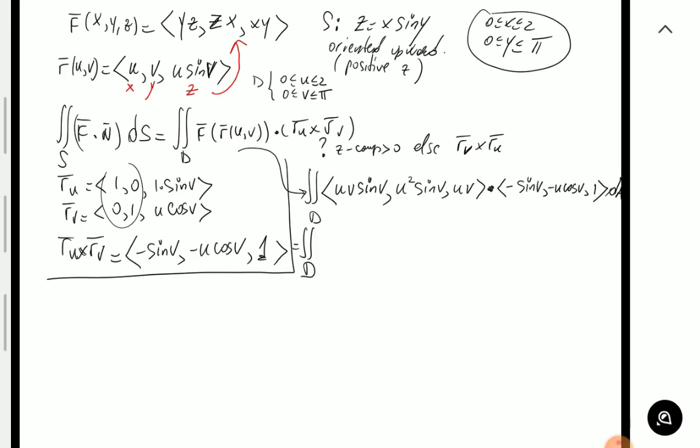And let's see what we get in the dot product, sorry. We get minus uv sine squared v, minus u cubed sine v cosine v, and then plus uv.